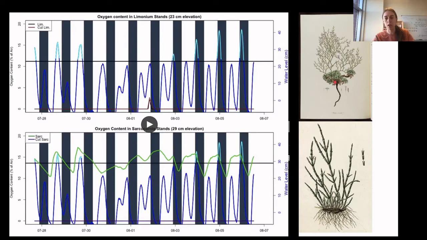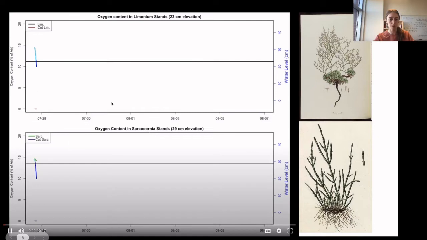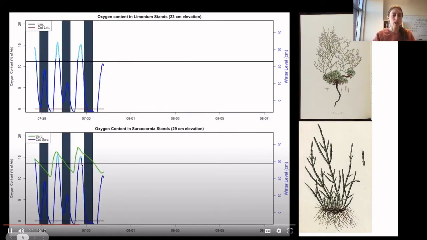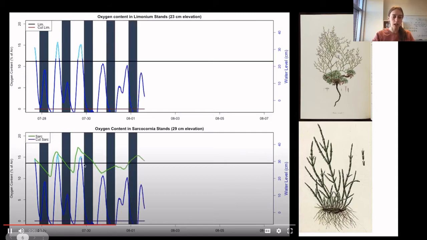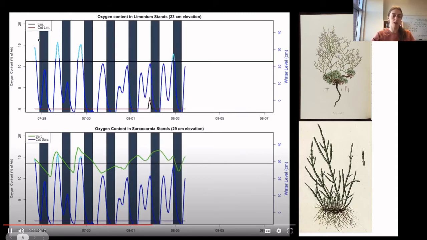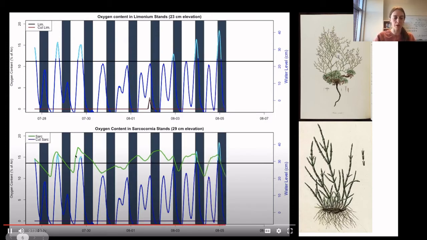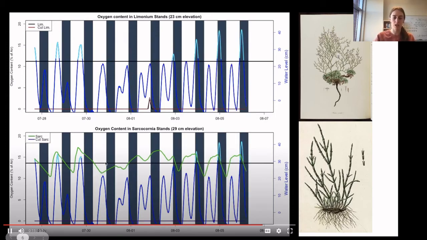Here he's showing the results of that, where he has two different plant types and what the oxygen concentrations were for those plant types. And what we can see basically is that for these stands during the day, only when we have growing plants can we get to the point where we produce some amount of dissolved oxygen here.